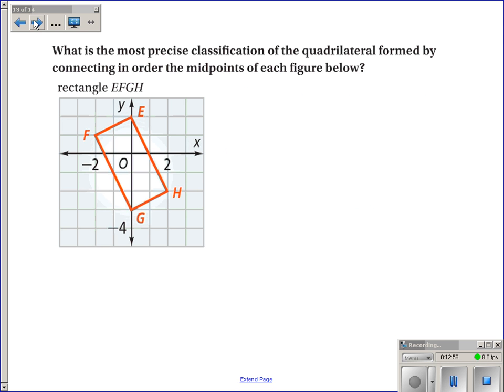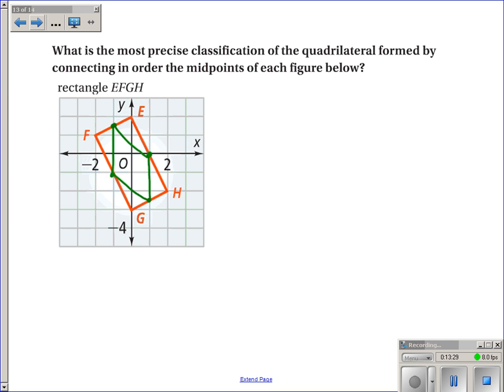Last problem: what's the most precise classification for this quadrilateral below? This is a rectangle, and if I draw on the midpoints, it looks to be a parallelogram because the sides look parallel, but it could be a rhombus because the sides look to be close to being the same length.